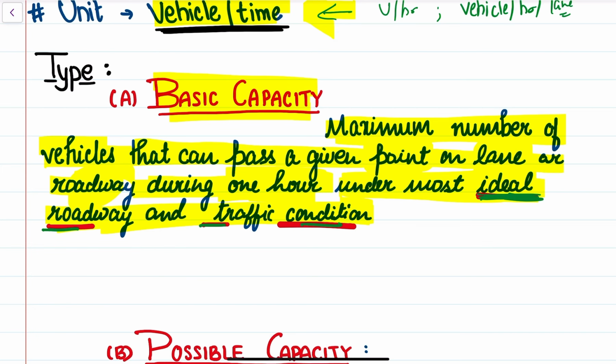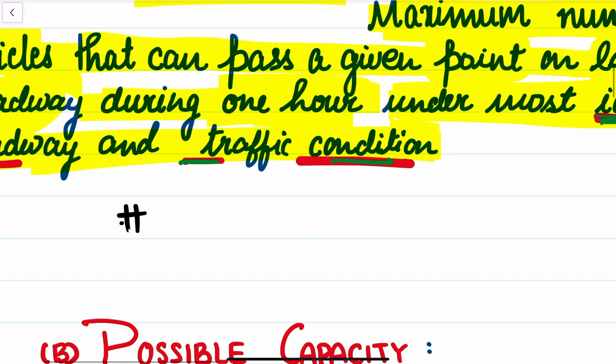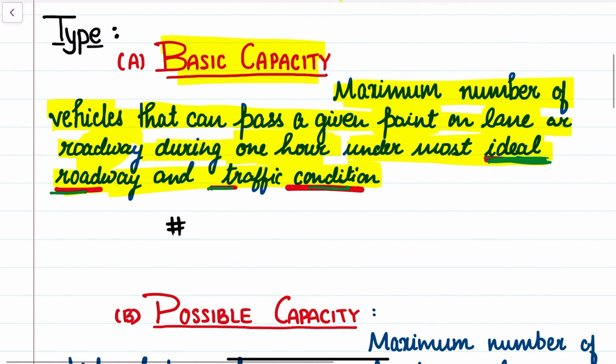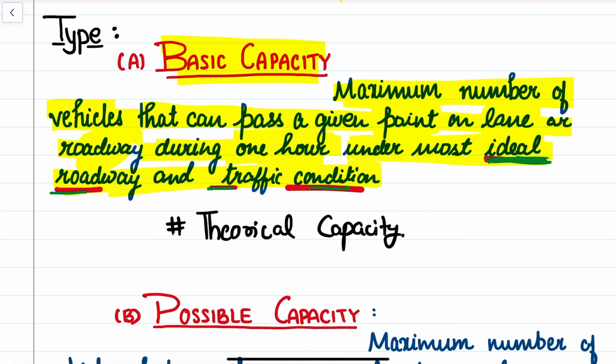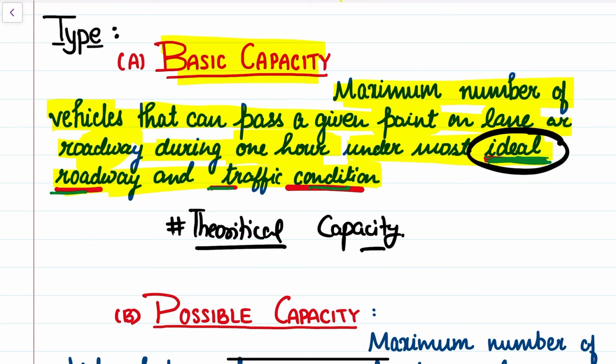So this is somewhat a theoretical concept. The basic capacity is also called the theoretical capacity, that is, under the ideal roadway condition.